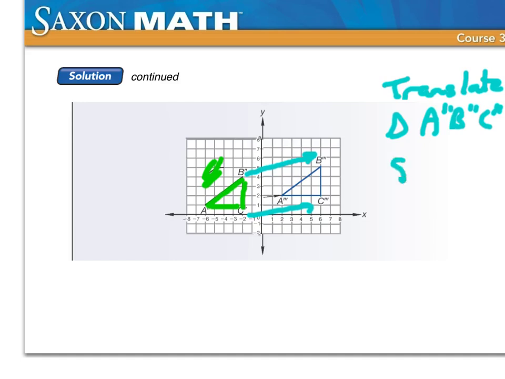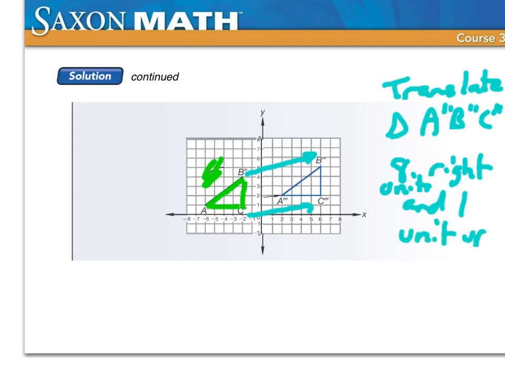So I got to go 8 units right and 1 unit up. So we're translating triangle A double prime, B double prime, C double prime, 8 units to the right and 1 unit up to get to our new triangle.